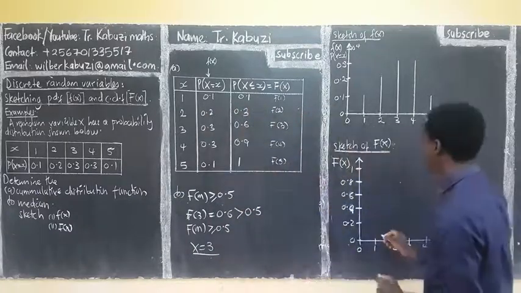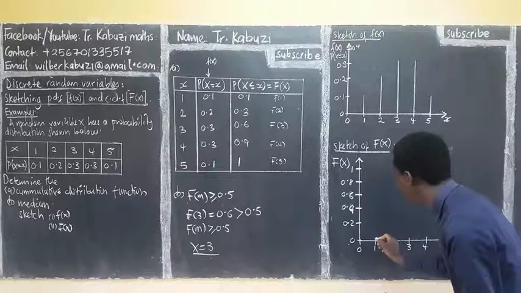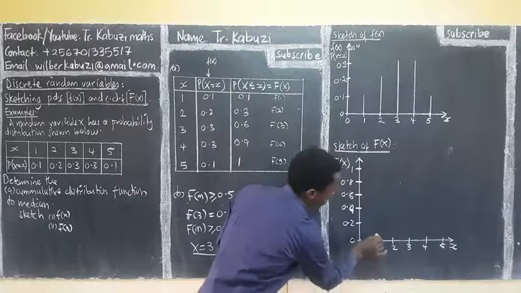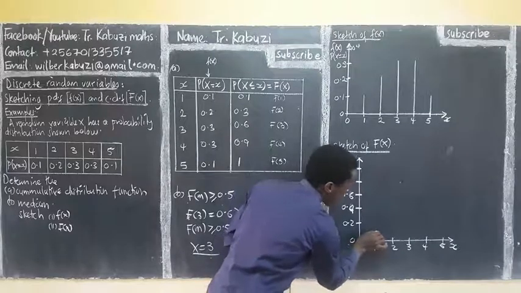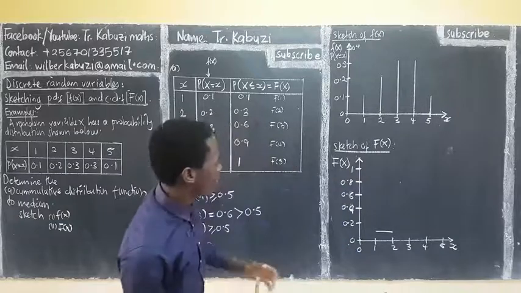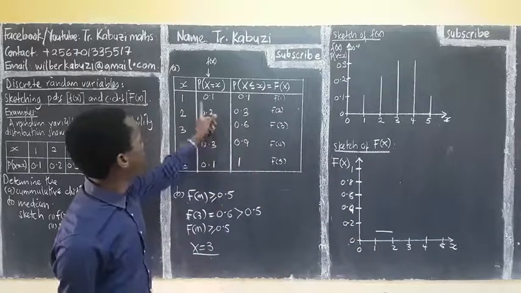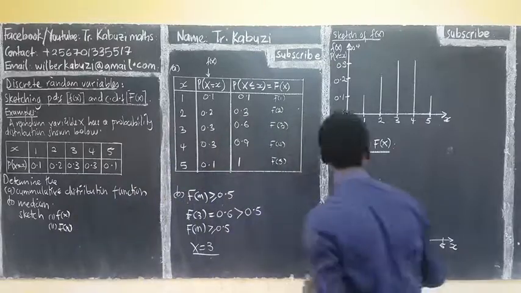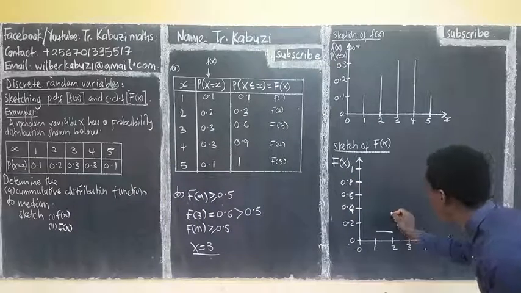Now for them we sketch them horizontally. So my 0.1 is going to be somewhere here. Then you get your ruler and you draw up to when you reach 2. Then at 2 it is 0.3. Now 0.3 is going to be somewhere here.